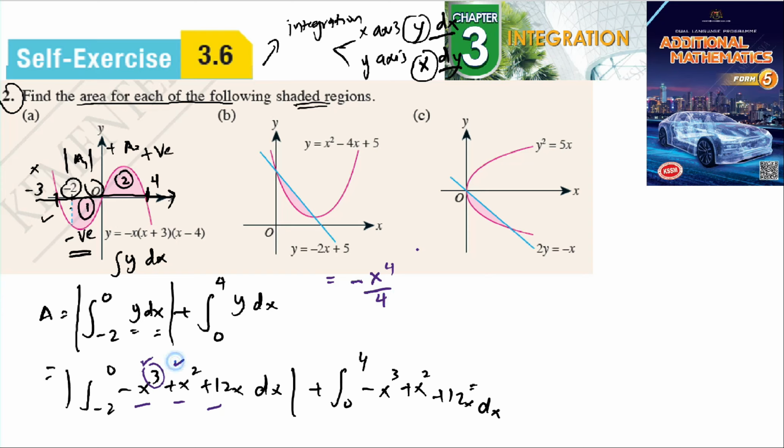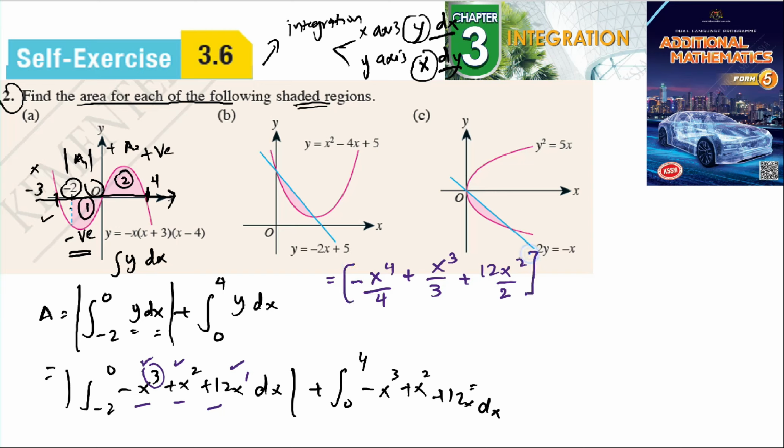Okay, now the second one, x squared will become x cubed over 3. Why? Because you add 1 to the power, you divide by the power. And then the third one is 12, it will become 12x squared divided by 2. So 12 is a constant, you just write it. And then x is actually power of 1. So 1 plus 1 is 2, and then you divide by the power. So you get this one.